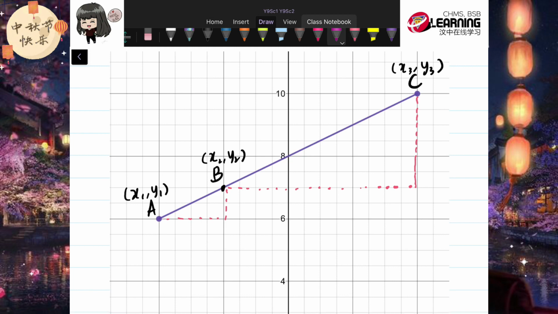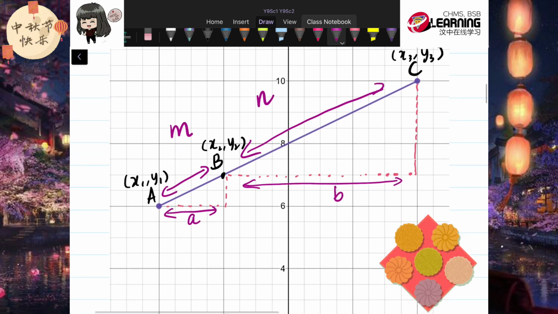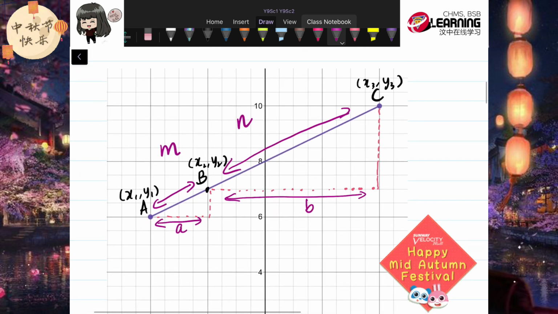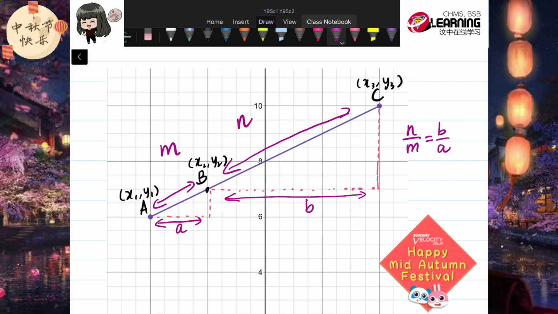I put it this way: this length AB and the length BC are m and n. And if the x length here is a, and this x length here is b, then we can say that the ratio n over m is also equal to b over a, isn't it? You learned this in your similarity already.